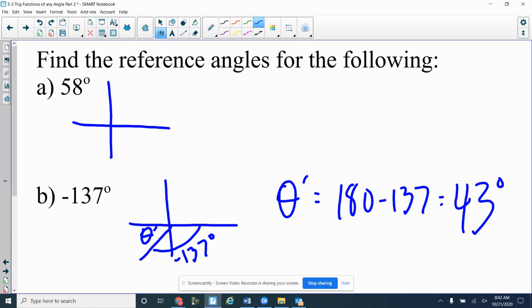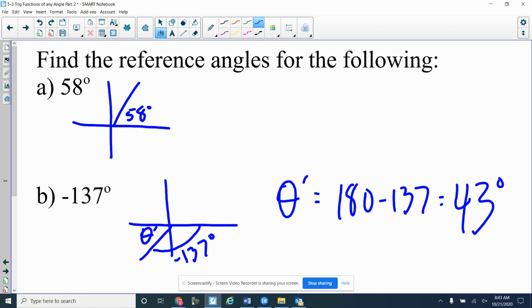How about this, 58 degrees? Where would 58 degrees be? Which quadrant? Quadrant 1. That'd be here, 58 degrees. So what would the reference angle be? Put some things together and think. What is a reference angle?